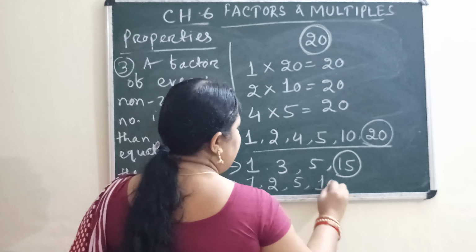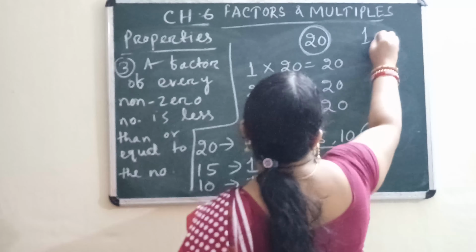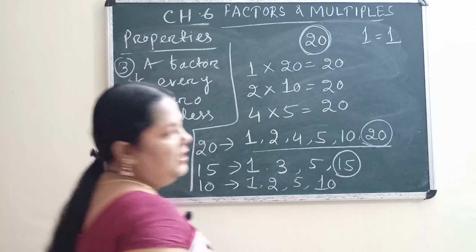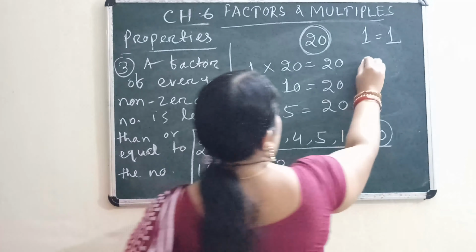Next one: 1 is the only number having only one factor. Yes or no? But 2, how many factors? 1 is a factor, the number itself is a factor. Yes or no? So 1 is the only number which has only one factor.